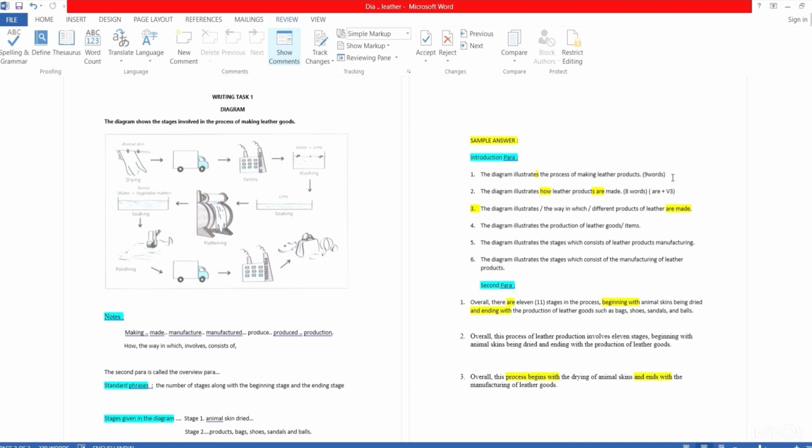In order to make 150 words for the writing task 1 essay, you need not write everything or unnecessary things in the introduction paragraph. So don't worry about the word count, rather work on the language, work on grammar, work on making good academic sentences. So let's revise the sample answer again.